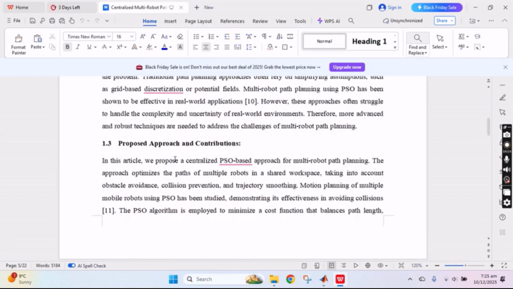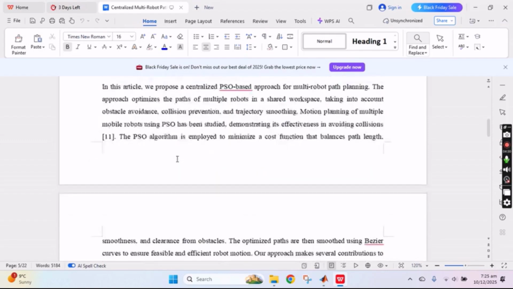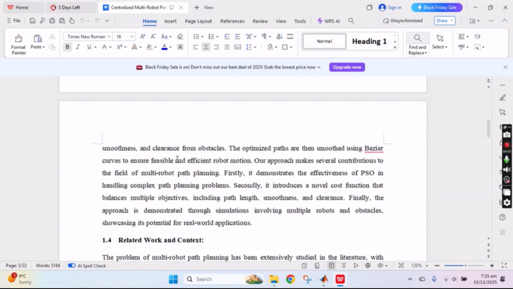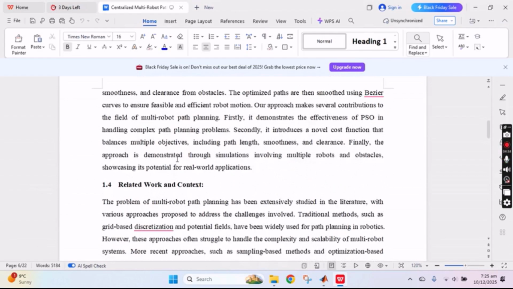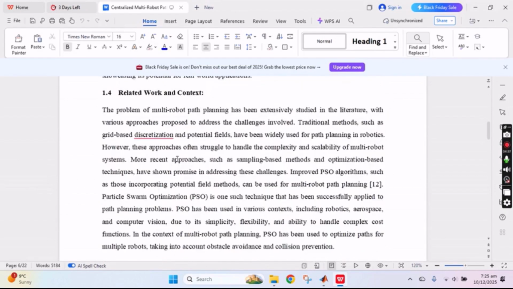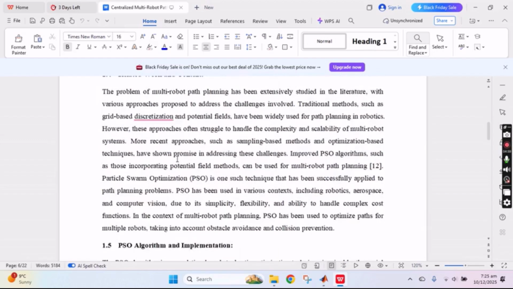Okay, so here the proposed approach is basically that we are using PSO, and the second one is the Bézier algorithm. So here is basically the related work context, where previously they designed grid-based discretization with potential fields, widely used in path planning and robotics.